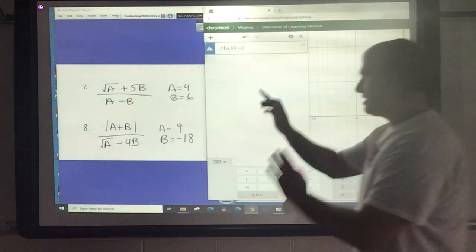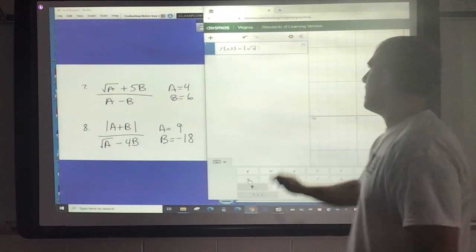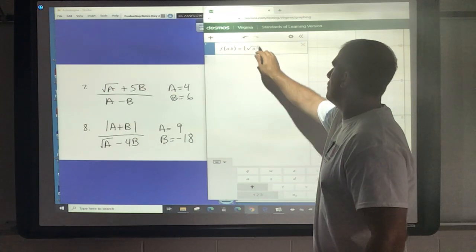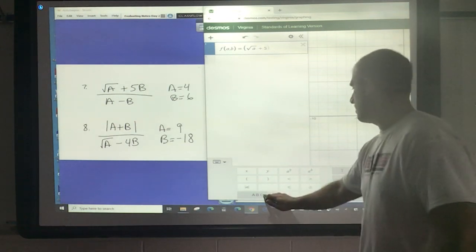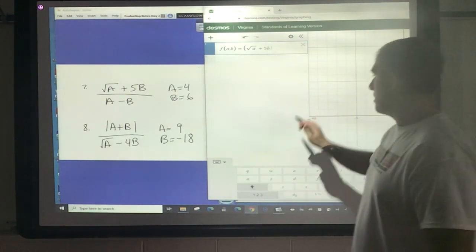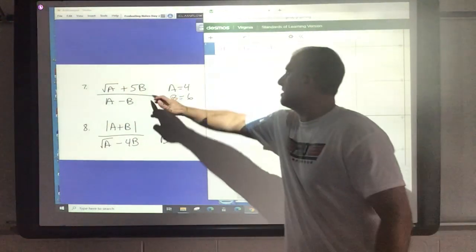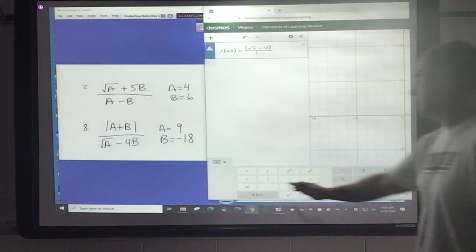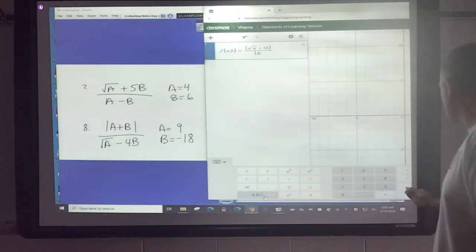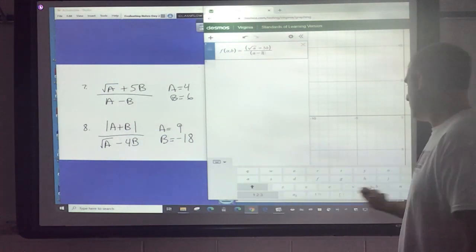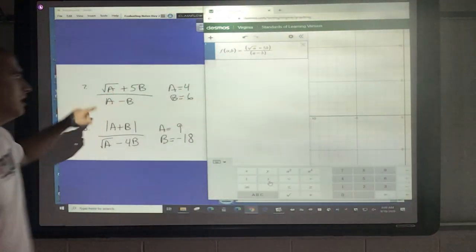So what I want to do is the top part, I'm putting parentheses, square root of A. I'm going to click outside of that square root, plus 5B. And then I'm going to close my parentheses. Then this thing means division, so divide by parentheses, A minus B, and close them. So you have to put those there. If they don't tell you, you should do that.